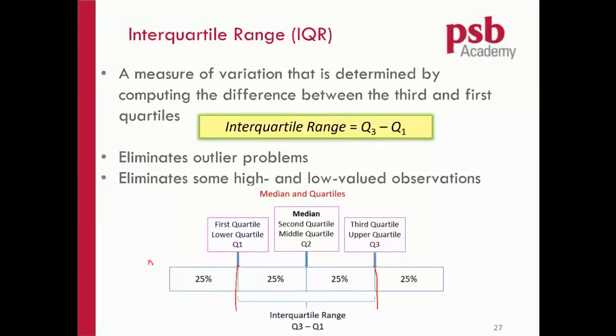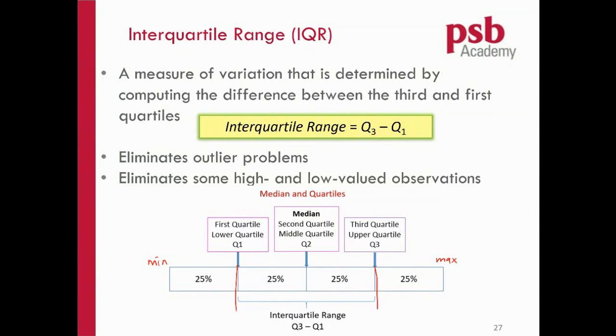When we arrange our data from the minimum to the maximum, the extreme values or outliers will always be at either end, the very small number or very big number. It will never be in the middle. So if you just use the middle to calculate the range, then this range will consist of 50% of the data set, the 50% range.